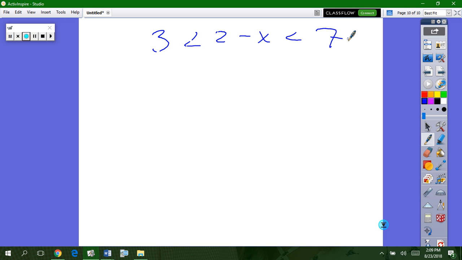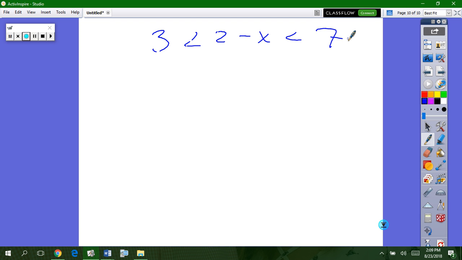Okay. When you see something like this, how many equations do I have? 2. Let me cover this up. I know it's on top of my hand. But there's an equation here, right? Here's an equation. You guys see how there's 2 equations, but it's just in one?